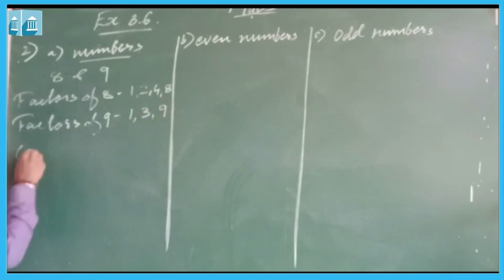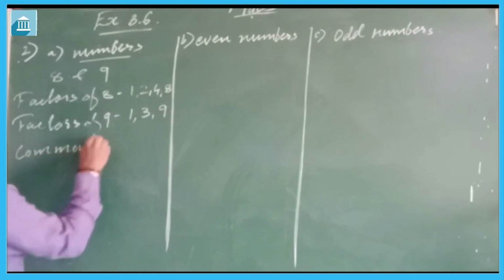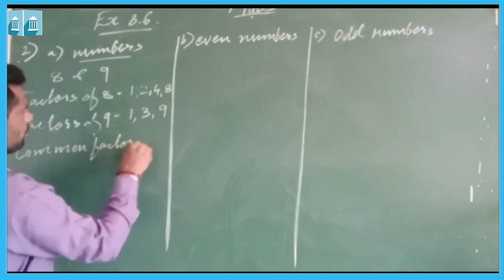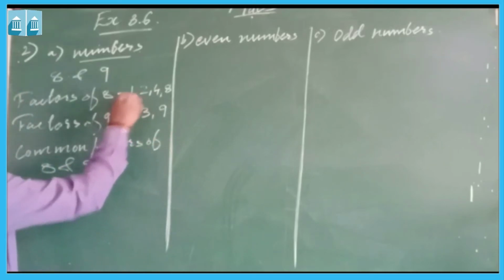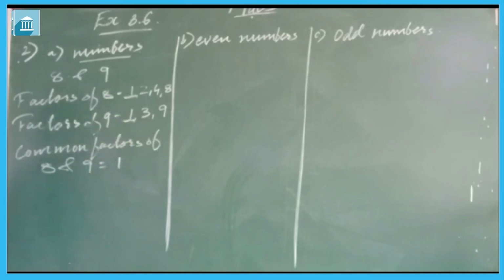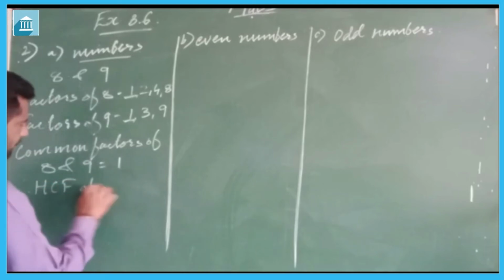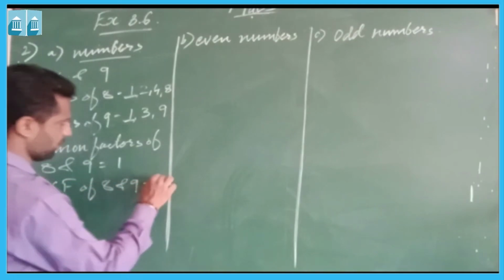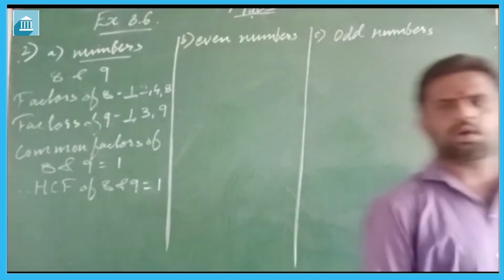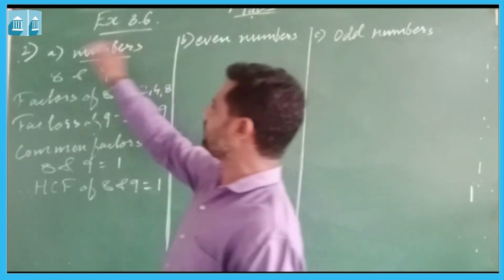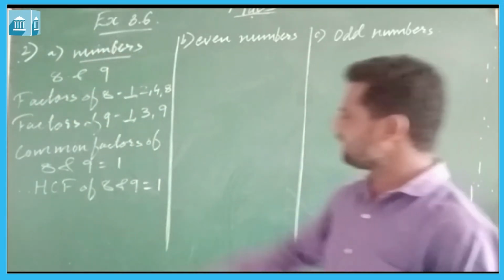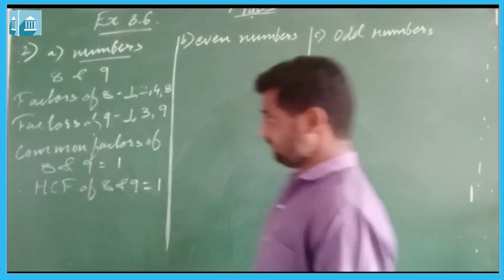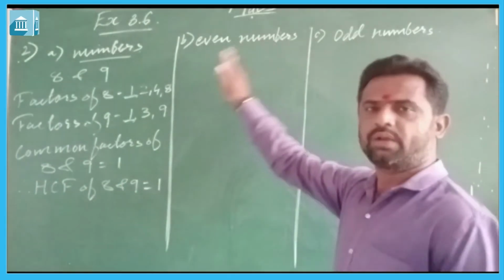The common factor of 8 and 9 is just 1, and therefore HCF of 8 and 9 is equal to 1. So the HCF of any two consecutive numbers is always 1.